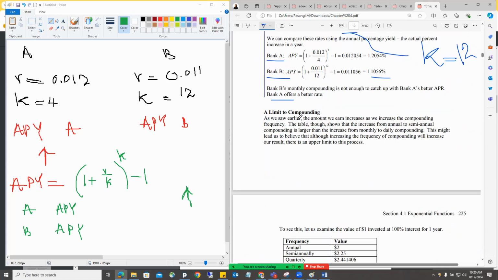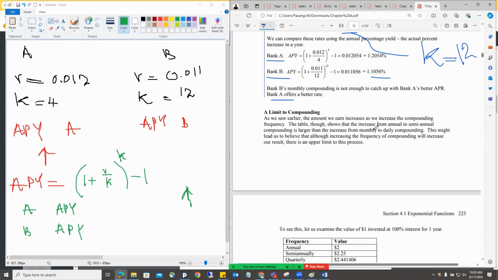So here, as we saw earlier, the amount we earn increases as we increase the compounding frequency. The table shows that the increase from annual to semi-annual compounding is larger than the increase from monthly to daily compounding.